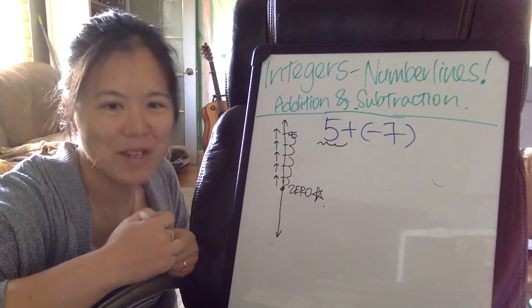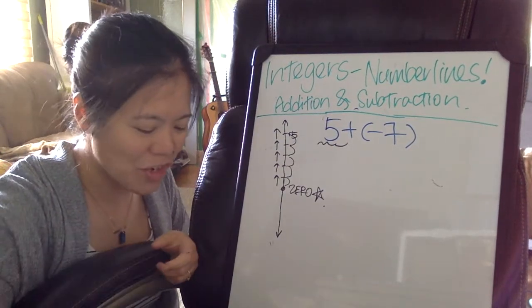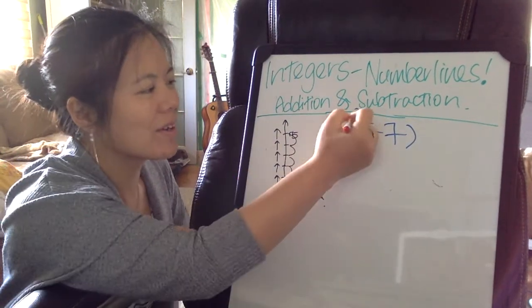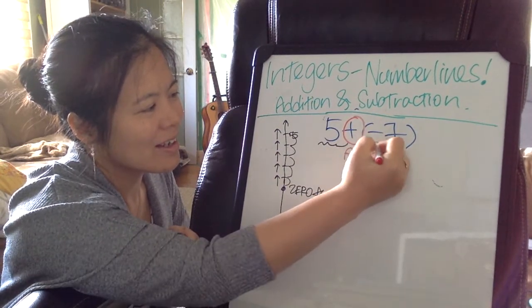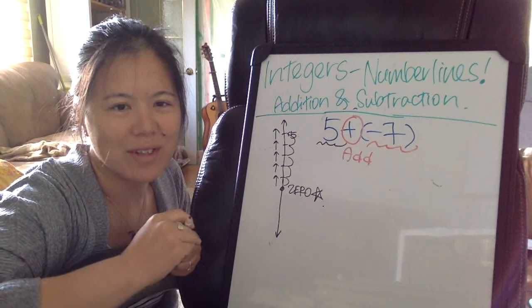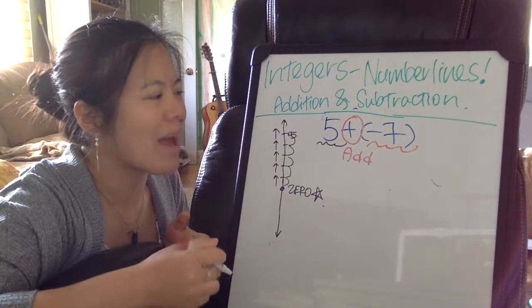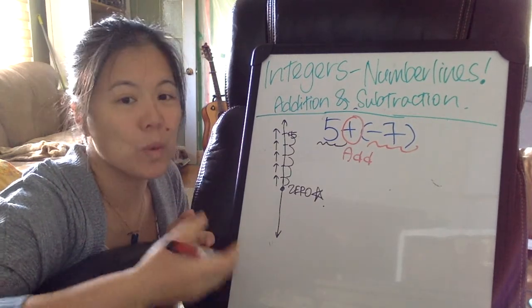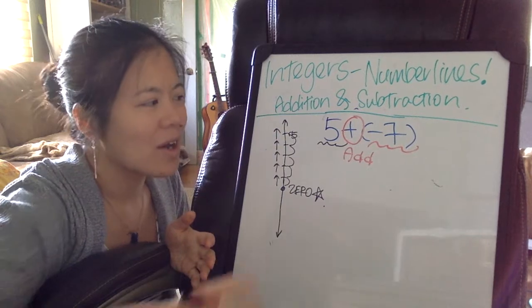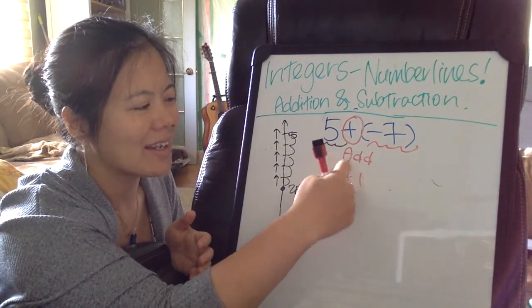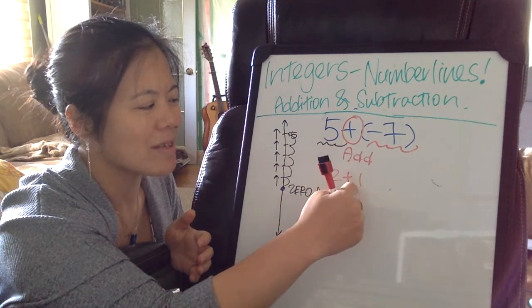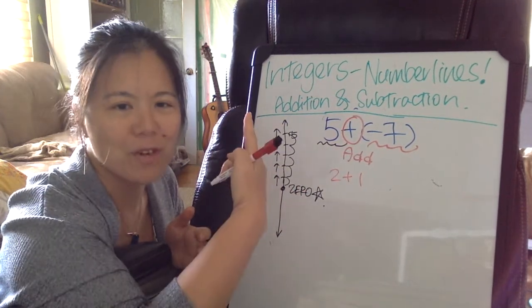And what is the rest of the question asking you to do? So you're adding -7. What does that mean? So when we did 2 plus 1, we added +1 by going upwards, right?